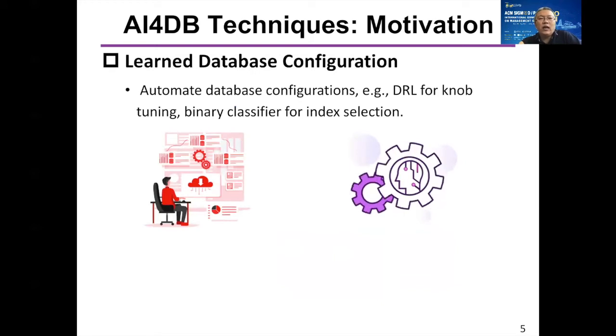So the first application is learned database configuration. You know that every database has a large number of knobs. For example, PostgreSQL and MySQL, and some databases have hundreds of knobs. And it's very important to tune knobs to achieve high performance.